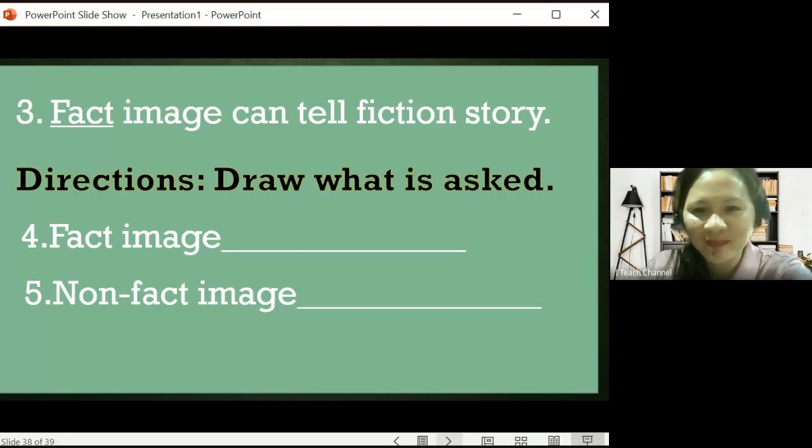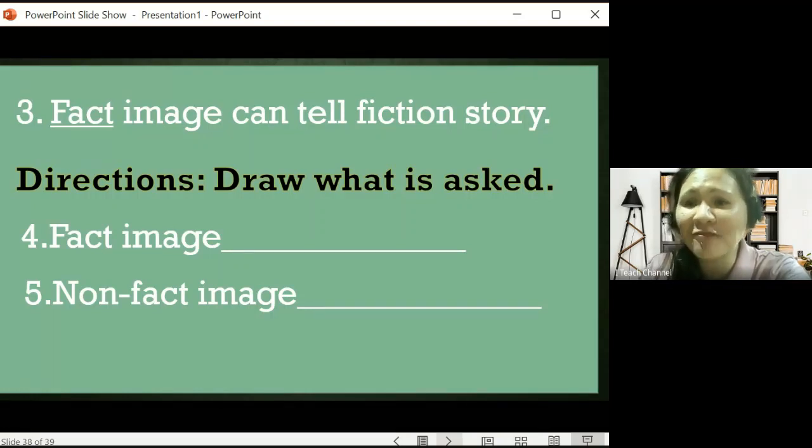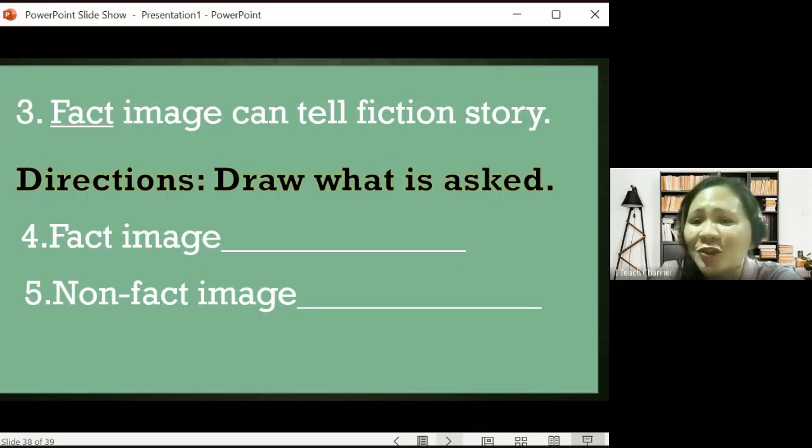Are you done now? As I had told you, you are not going to draw a very, very nice drawing. All you have to do is to show the fact and non-fact image. You can draw things.